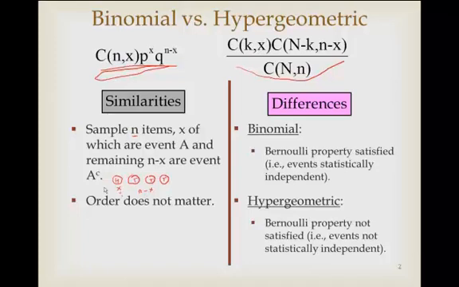Those are event A complement. And order doesn't matter in this, right? Because we can have a head in any other place and it doesn't really matter. That's the way it is also for the hypergeometric, of course. It doesn't matter which one we pick out.